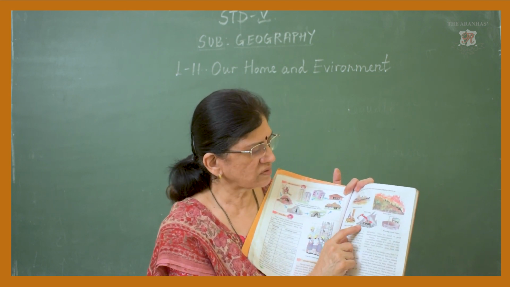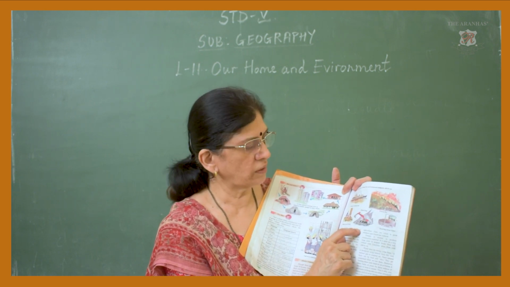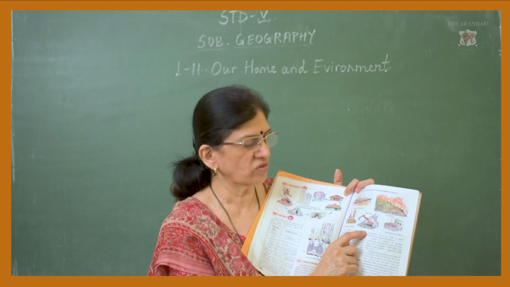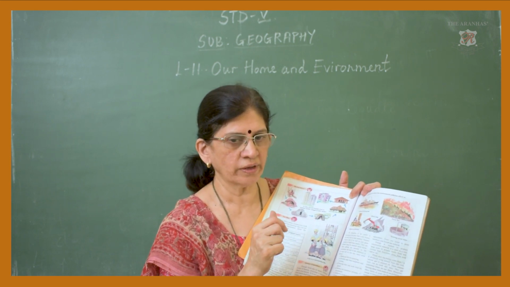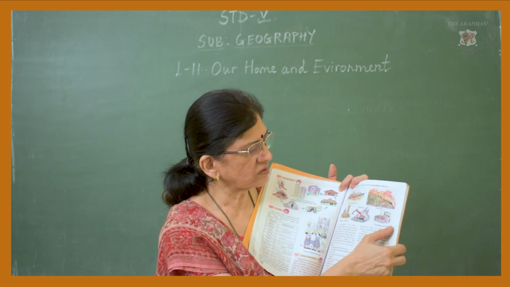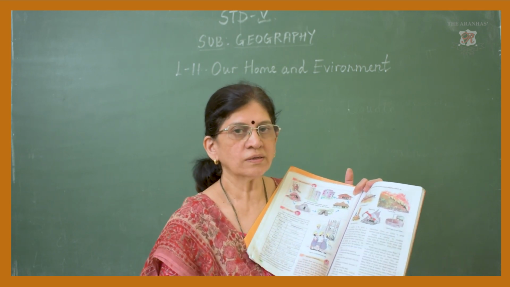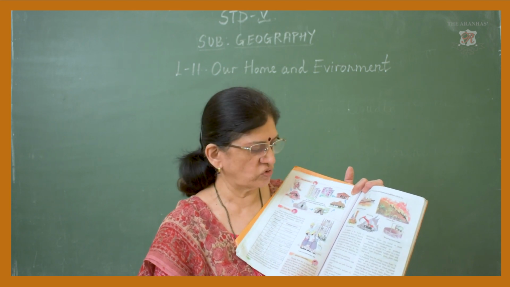Then here, this is a rocky hill where quarrying is going on, that is excavating stones. And lastly, this is a well, they are drawing excess water. So the water table also goes down.